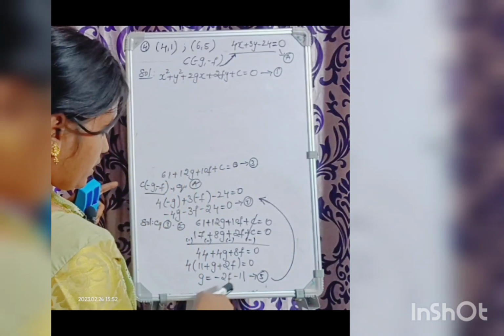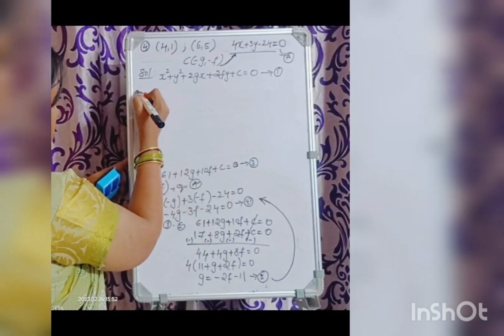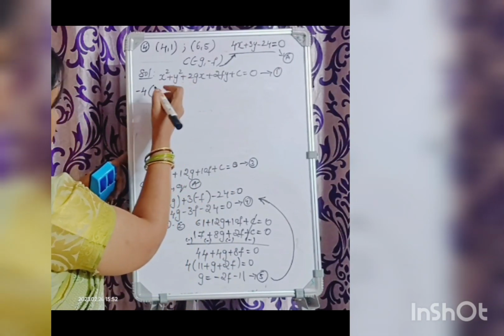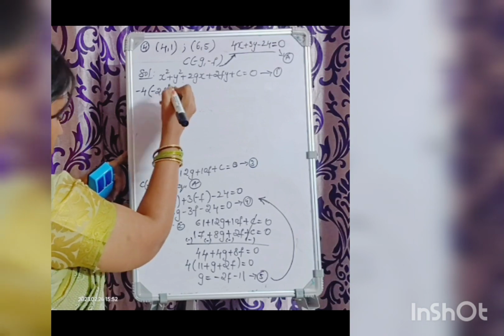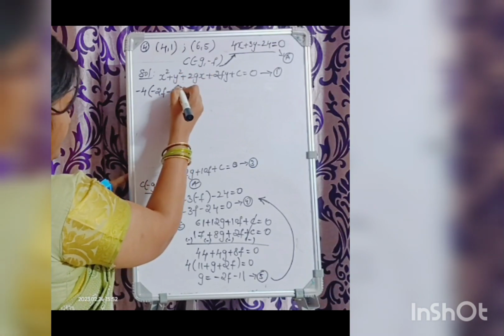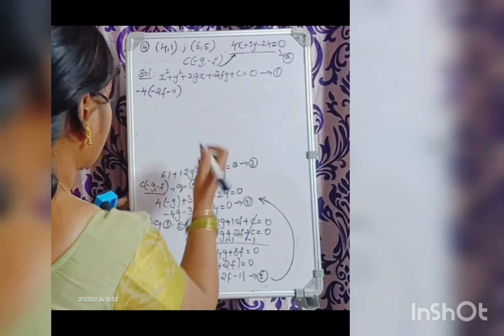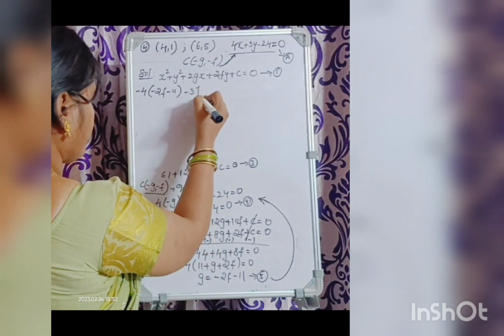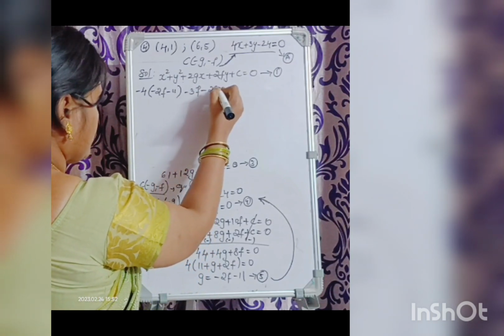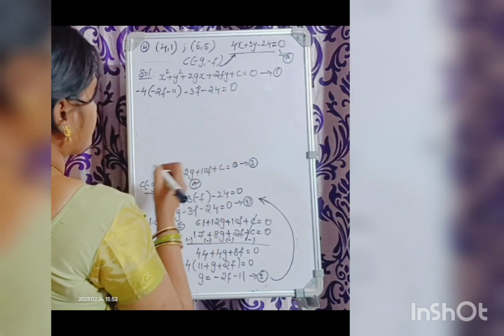If we substitute equation 5 in equation 4, minus 4 times g, where the g value is minus 2f minus 11, minus 3f plus 24 is equal to 0, right?